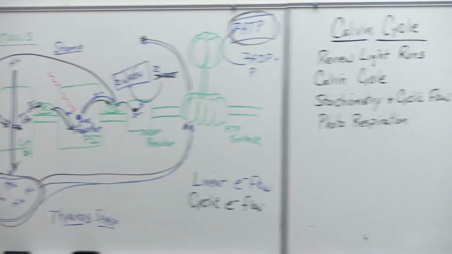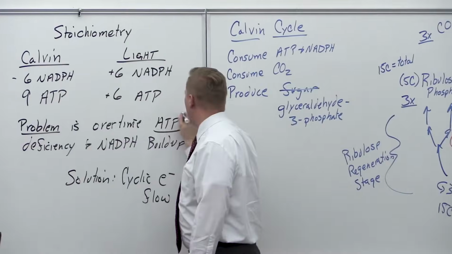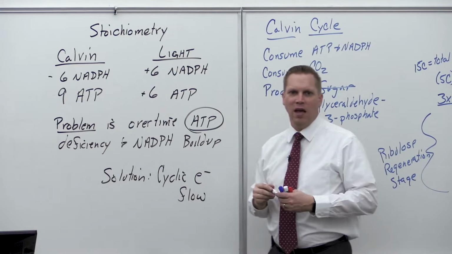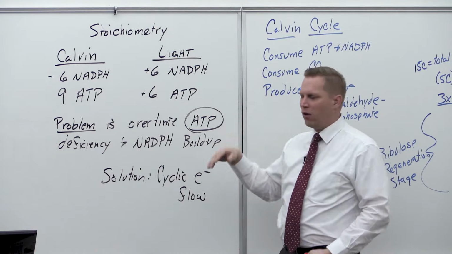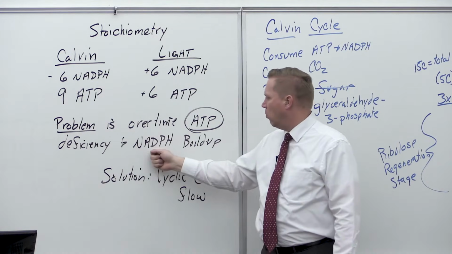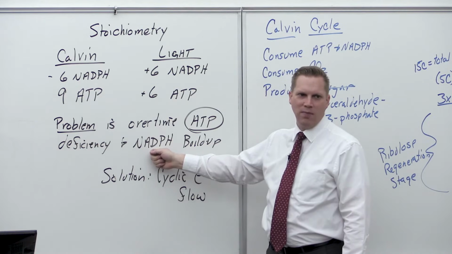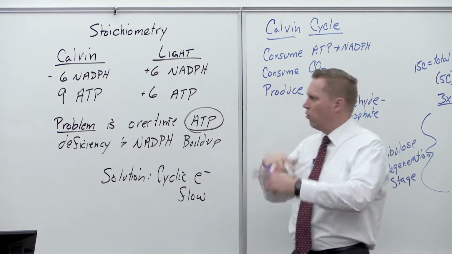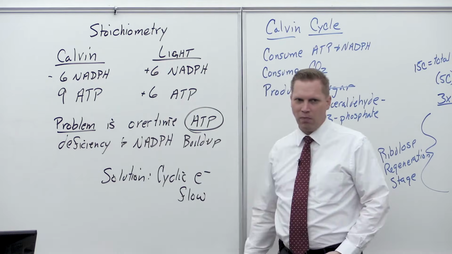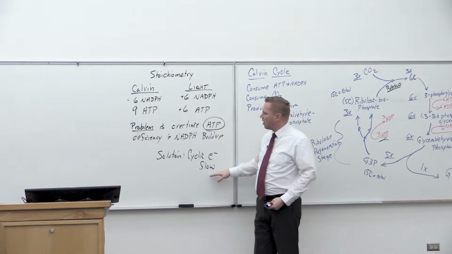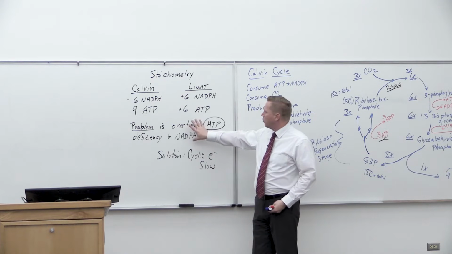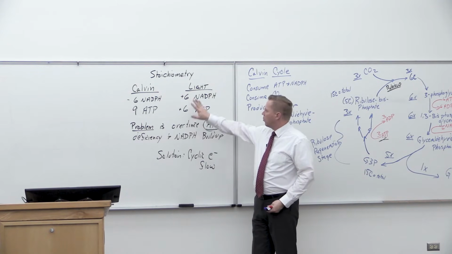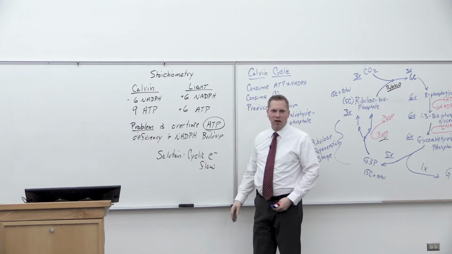That ATP then comes over and fills up that deficiency. And as we build up our ATP levels, then the Calvin cycle will take the additional NADPH that we built up, and they're going to move it through and take care of our problem. And so that's how cyclic electron flow is able to overcome the stoichiometry problem of the Calvin cycle.